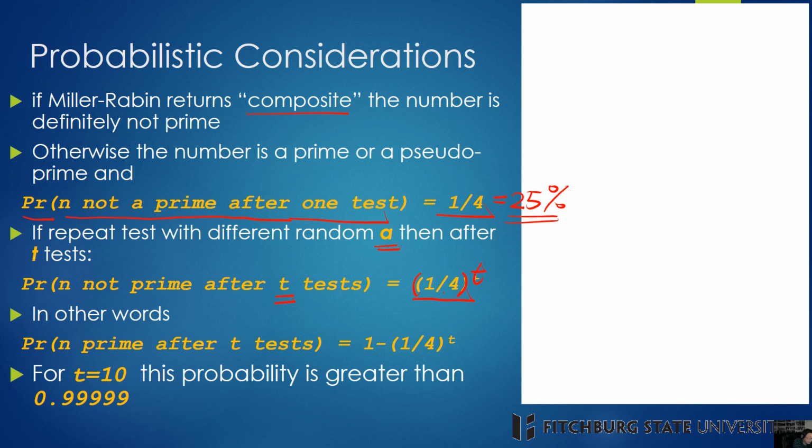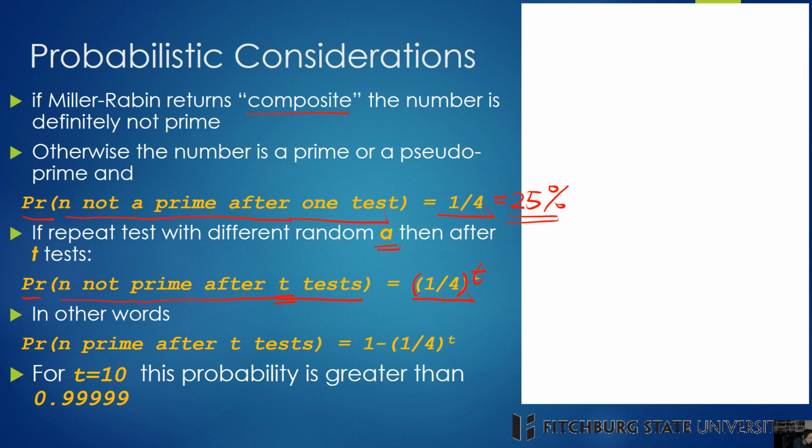to the t. So each time the Miller-Rabin test passes and returns maybe a prime, the chance that n is not a prime becomes smaller and smaller. So the probability that n is not a prime after t tests, where you apply Miller-Rabin t times and each time randomly pick a different a, is only 1/4 to the t.